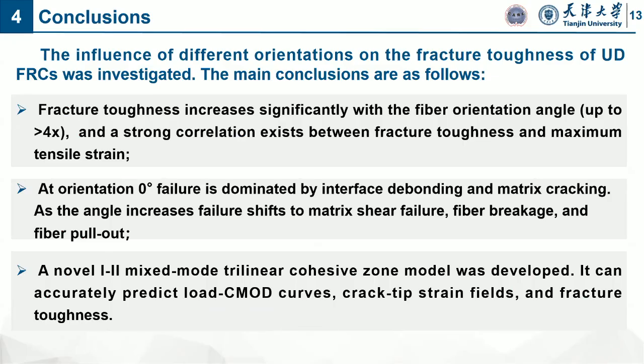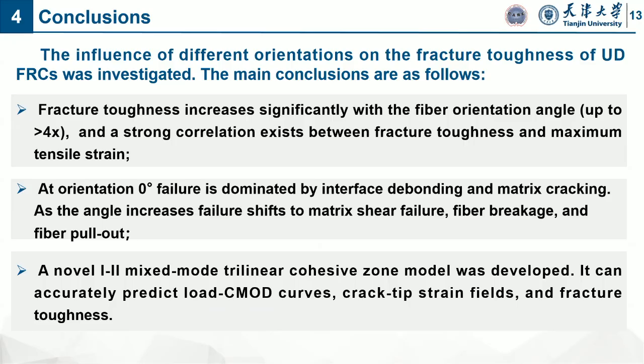The first one: the fracture toughness increased significantly with fiber orientation angle, up to 4 times. And a strong correlation exists between fracture toughness and maximal tensile strength. At 0 degree orientation, failure is dominated by interface debonding and matrix cracking.